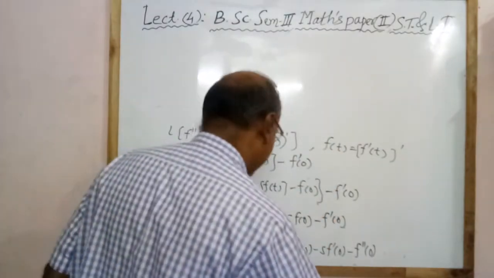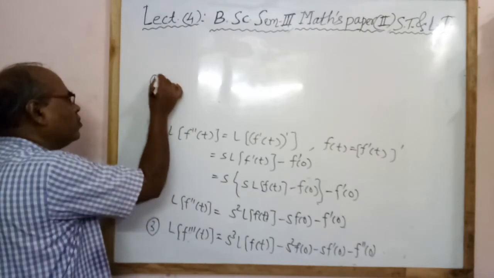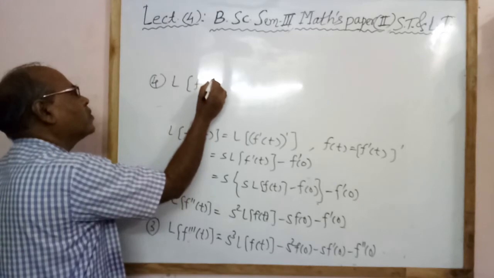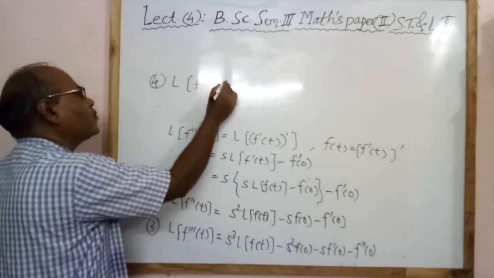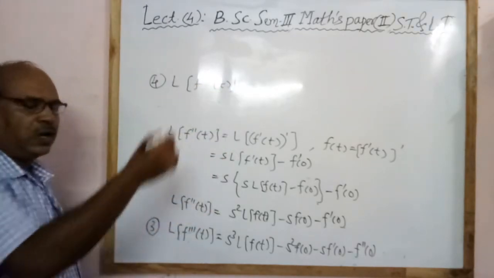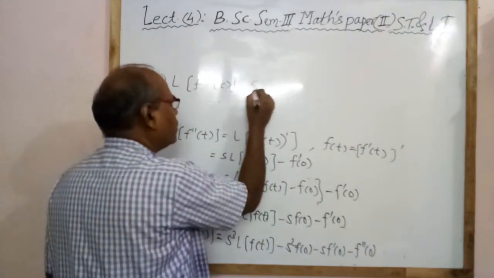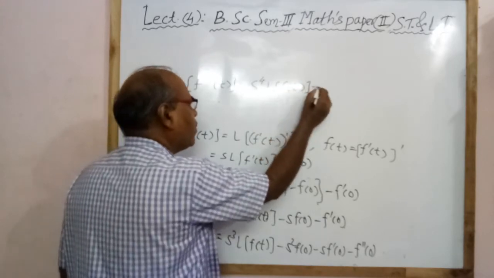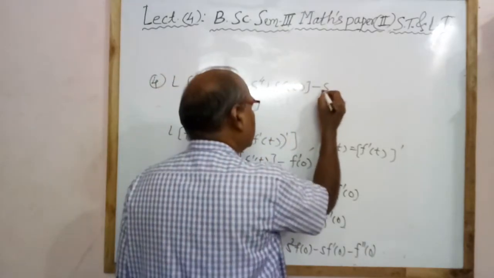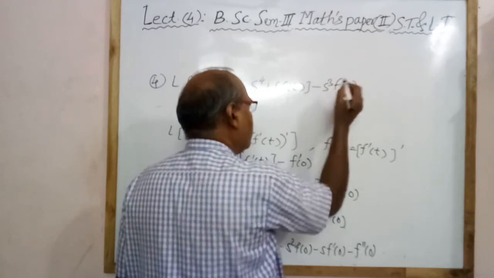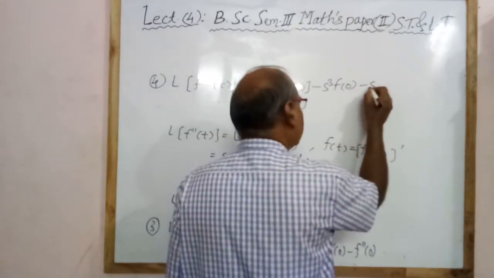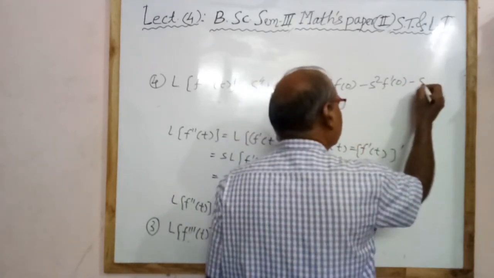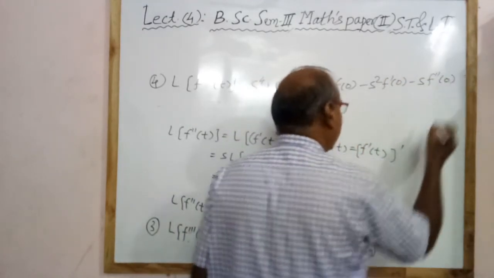Now similarly you can find the Laplace of the fourth derivative. The fourth derivative of f of t is given by s to the power 4 Laplace of f of t minus s cube f of 0 minus s square f dash of 0 minus s into f double dash of 0.